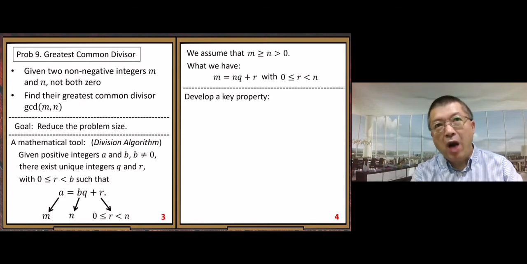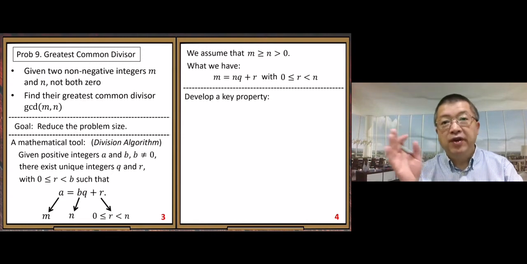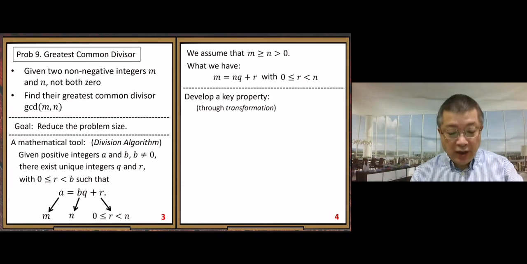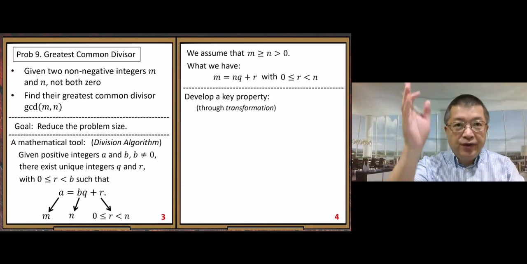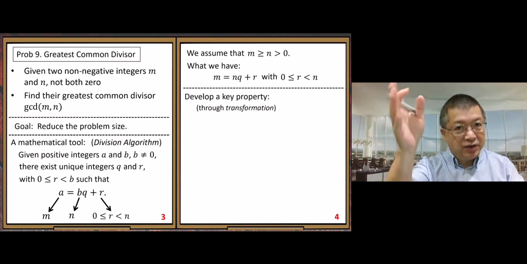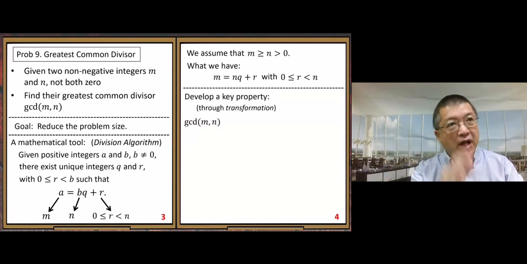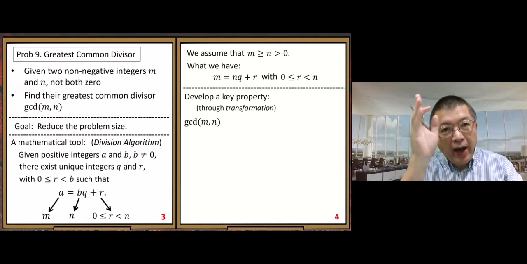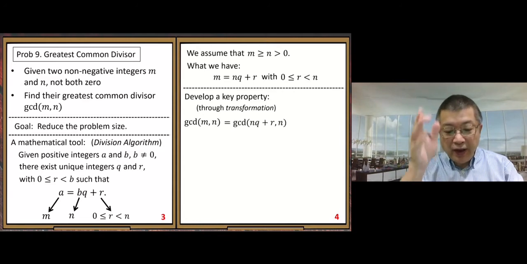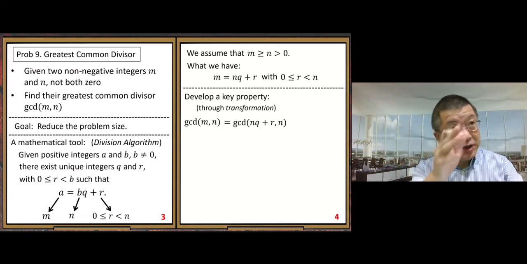That's the key property we need to use in solving this problem. So now let's do the transformation. GCD of m comma n. We replace m by our division formula, nq plus r.